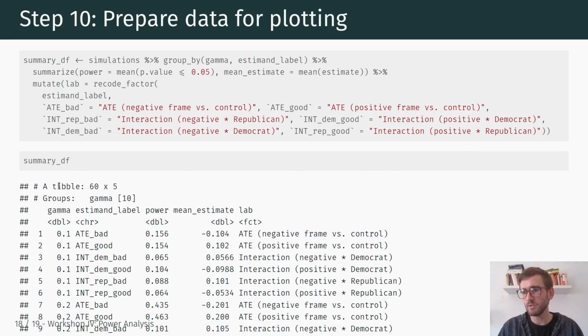So this summary is then, of course, a 60 by 5 tibble because we're combining now all 1,000 simulations, right? So we're left with 60 rows for 6 different estimands and 10 different scenarios. So that's 60 by 5, and we have our power and we have our mean estimate.